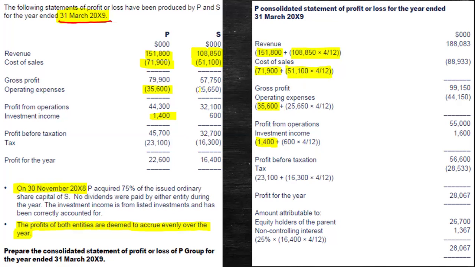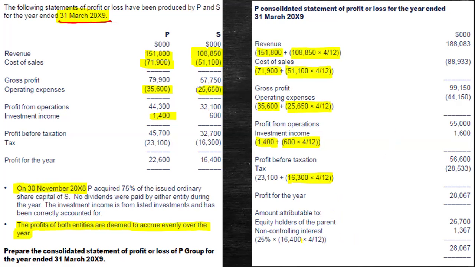So for operating expenses of 25,650, we will multiply it by 4 over 12 since it has been 4 months since acquisition, and that will give us the operating expense amount to be added to the parent's operating expense amount. So we will prorate all the values of the subsidiary like this. Remember, we don't have to prorate the parent's values, only the subsidiary's values have to be prorated.